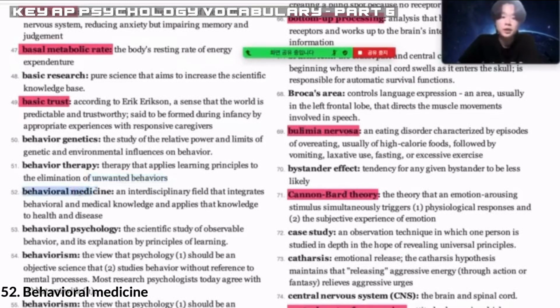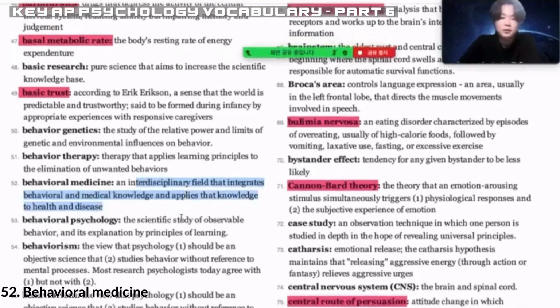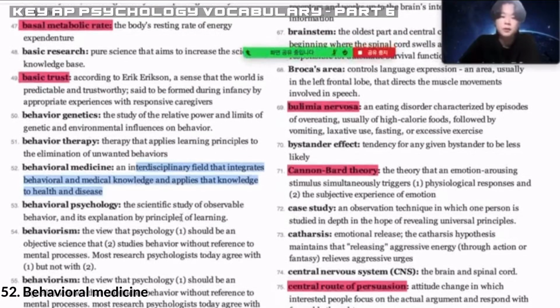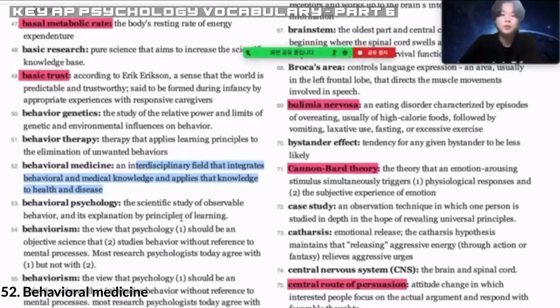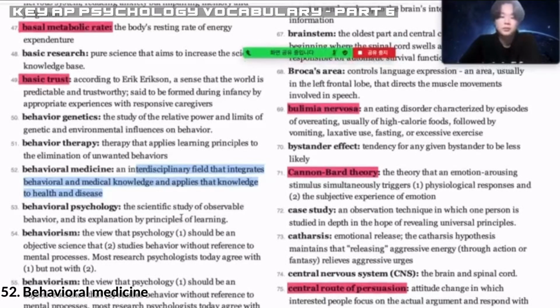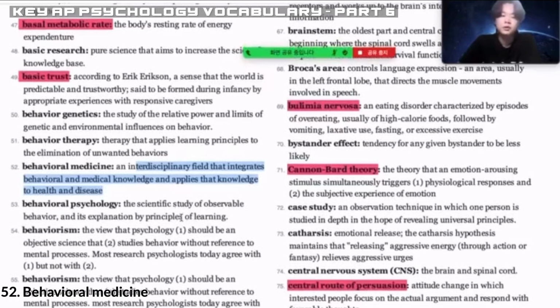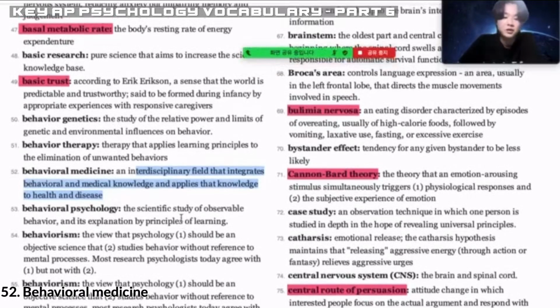And let's look at behavioral medicine. This is an interdisciplinary field that integrates behavioral and medical knowledge and applies that knowledge to health and disease. So you're integrating some behavioral psychology and some medical knowledge. For example, to prevent someone from being too violent or too anxious, you can combine it with your medical knowledge.